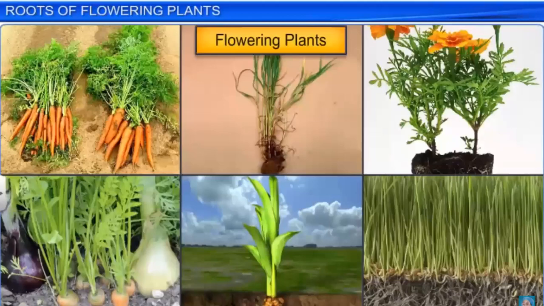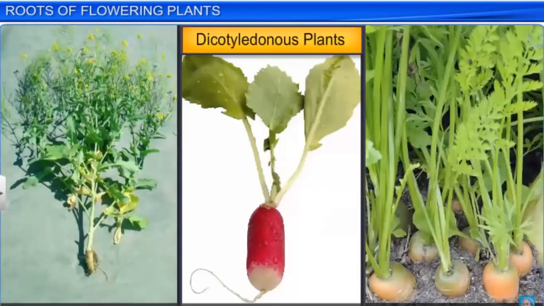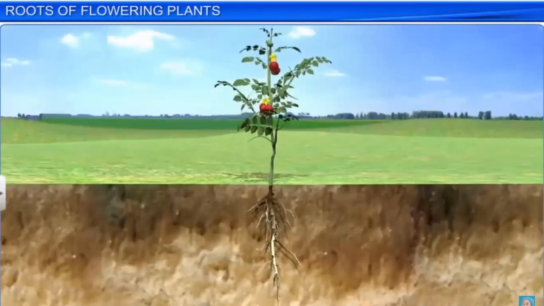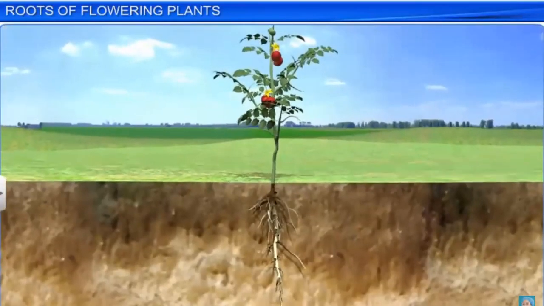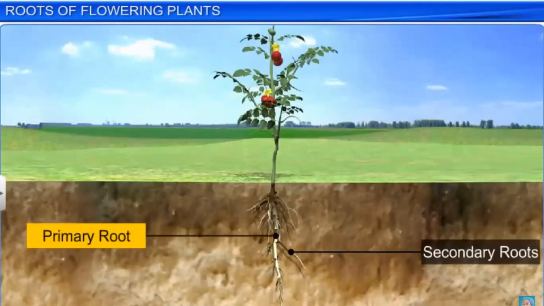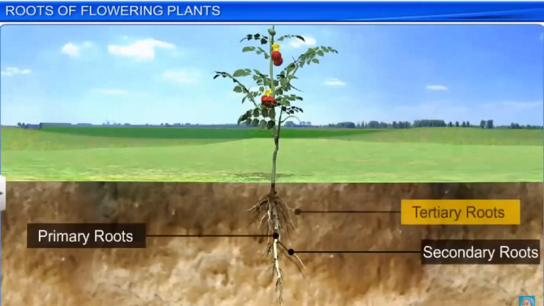There are various kinds of roots in flowering plants. In dicotyledonous plants like mustard, radish, and carrot, the embryonic root or radicle grows into the soil to form the primary root. Multiple lateral roots, called secondary roots, emerge from the primary root. These secondary roots further branch into tertiary roots.